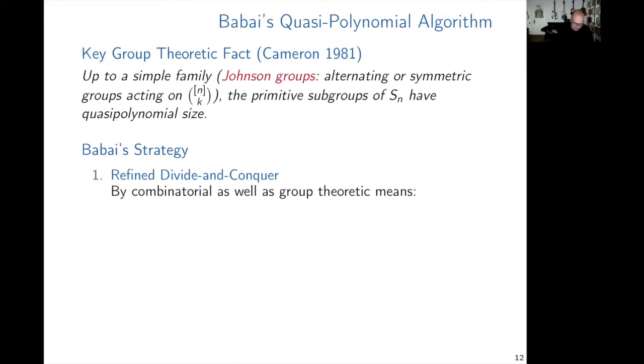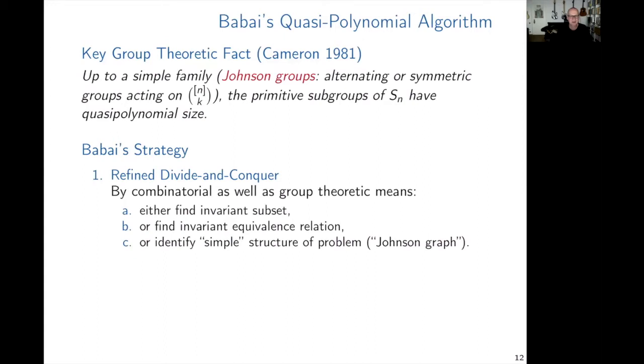So he refines this divide and conquer strategy, either finding an invariant subset like an orbit, or finding an invariant equivalence relation like a block system, a minimal block system, or I somehow identify that the structure of the problem is simple, that we have one of these Johnson groups basically, or what he calls a Johnson graph. And all of this is highly non-trivial.